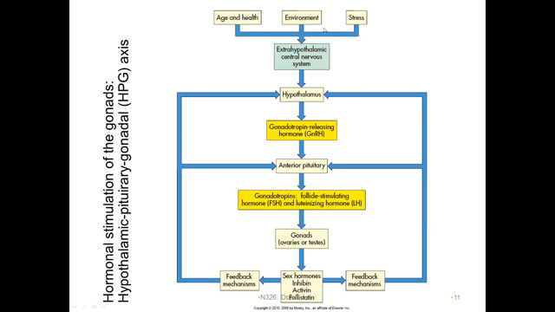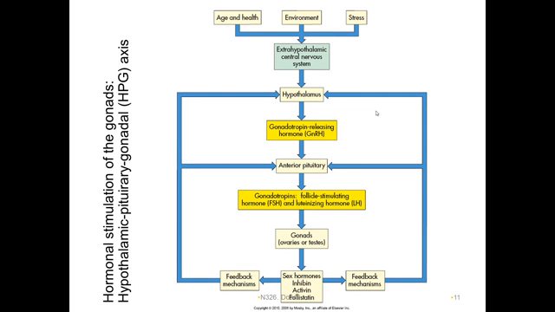That includes lifestyle, nutrition, and all that, and also stress. So the reproductive maturation involves the hypothalamic pituitary gonadal axis, which is this whole structure here, the central nervous system, and also the endocrine system.